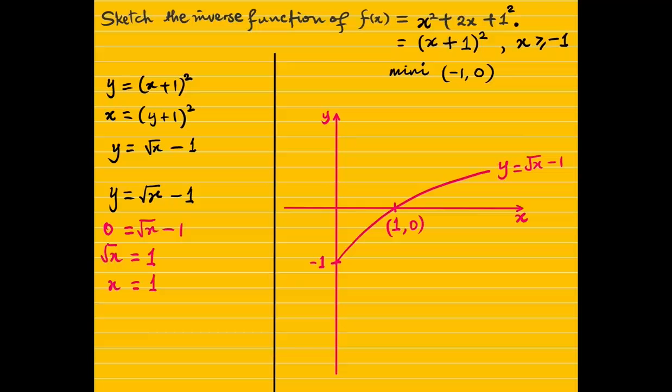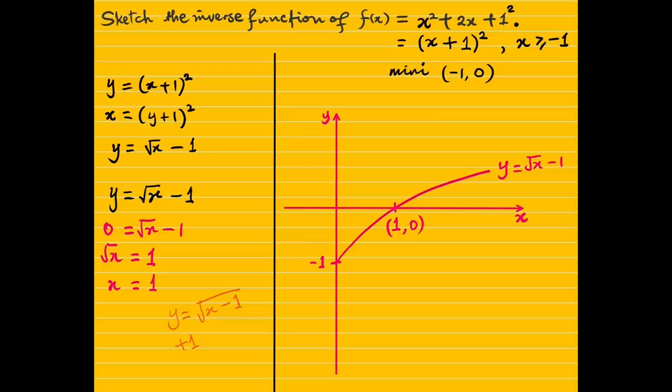There's just one little thing I want to talk about. If the inverse function had been, let me put this in another color, if the inverse function had been y equals to root of x minus 1, the treatment will be different. This tells us that there is a horizontal movement, a positive 1 unit horizontal movement.